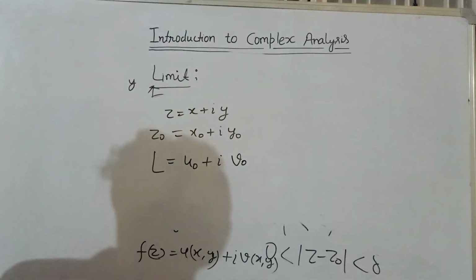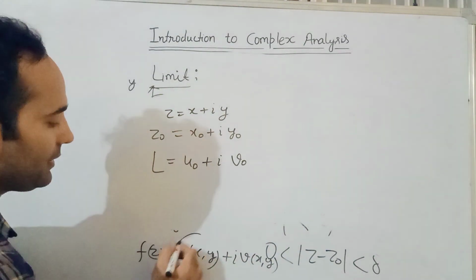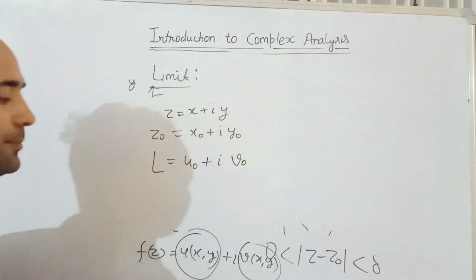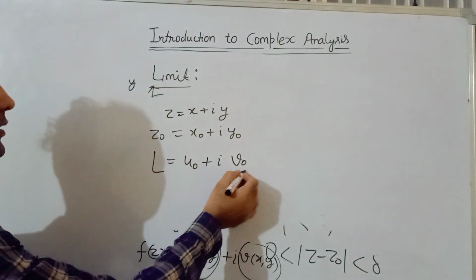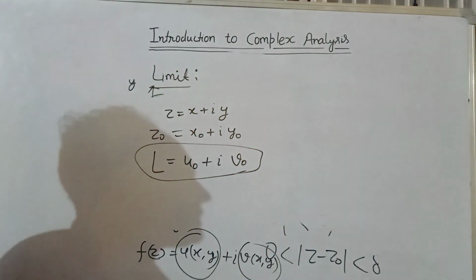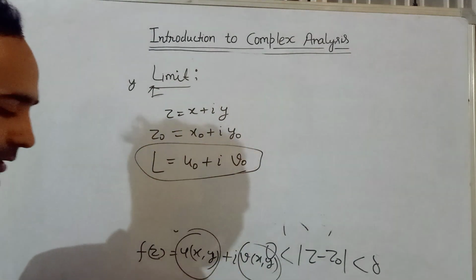Basically, it means you can find the limit of u and the limit of v separately and put them together like this. It would be the limit of the function f(z).